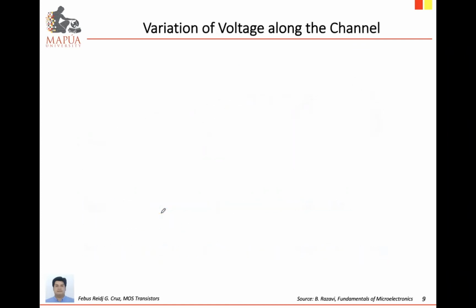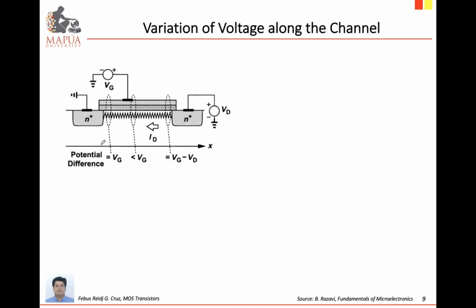Now let us show the variation of voltage along the transistor channel. So for example, we apply gate voltage, and the source is connected to the ground. So this will be the source, while the drain terminal is applied with the drain voltage.